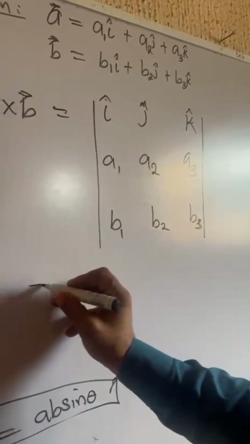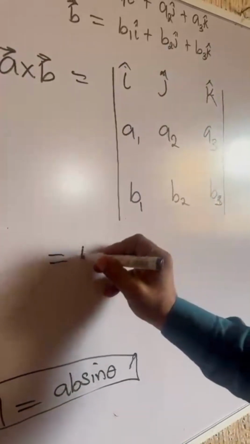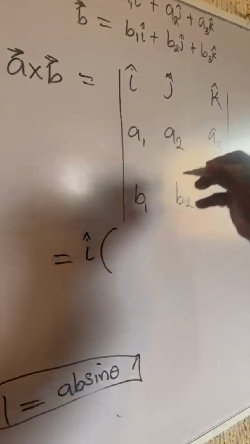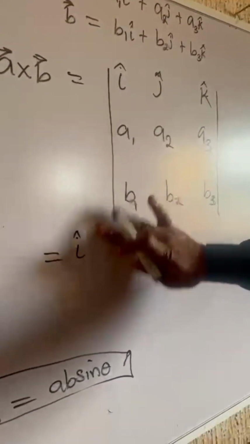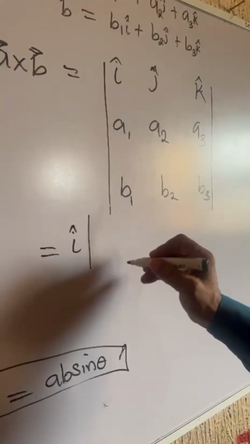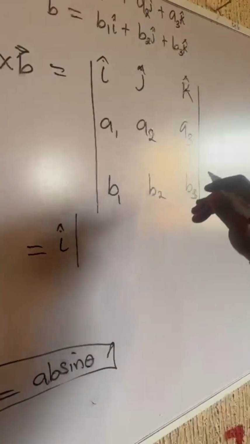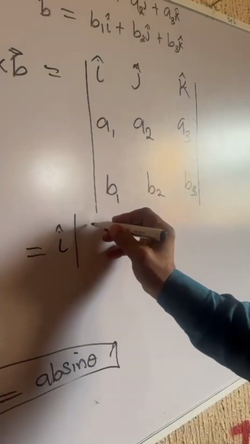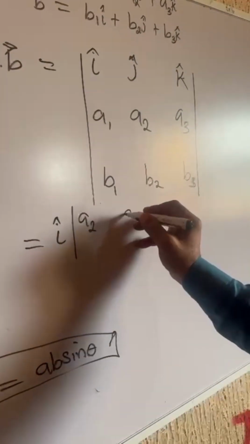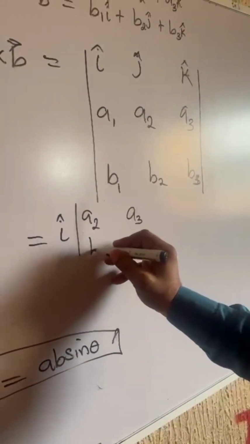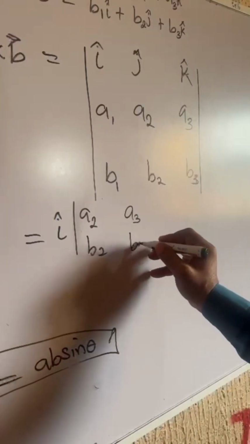So this should be equal to, if you pick i first, we are going to have nothing under i and nothing on the side of i. So we're going to have A sub 2, A sub 3, B sub 2, B sub 3.